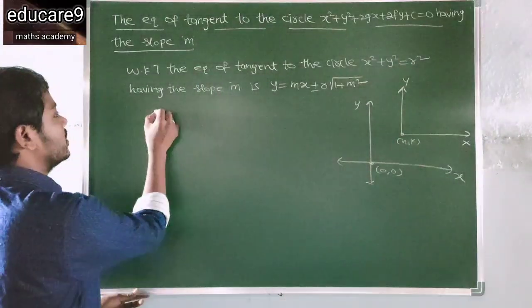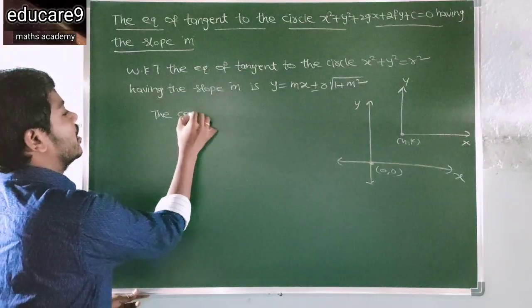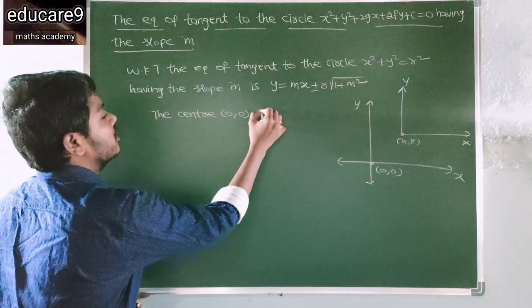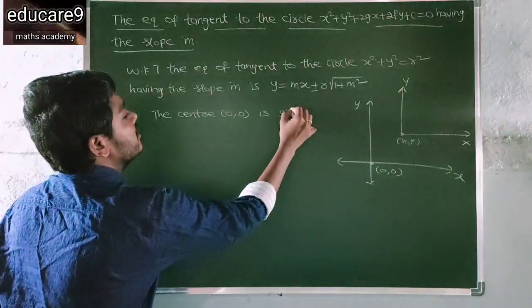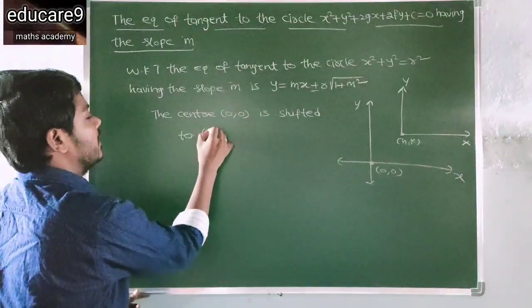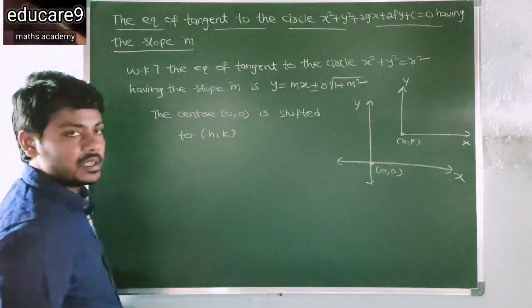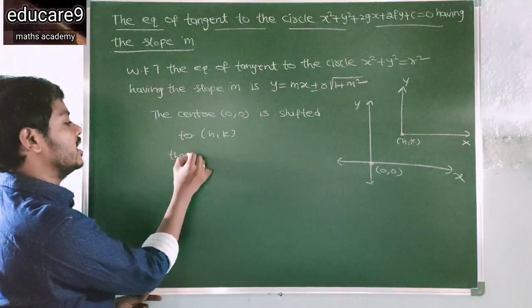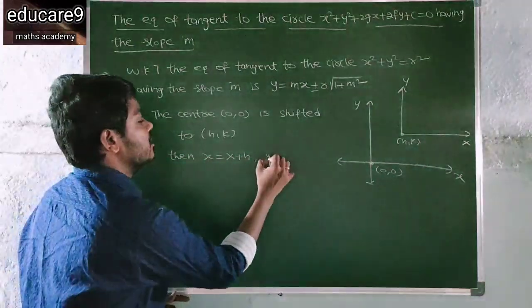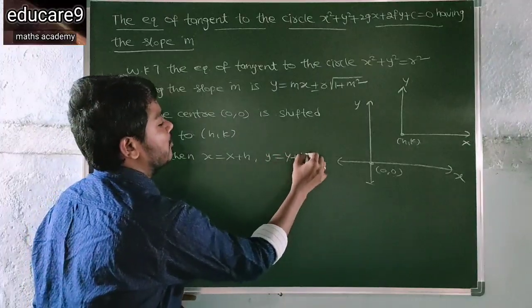See here, the center 0 comma 0 is shifted to h comma k. Then you know that small x is equal to capital X plus h, small y is equal to capital Y plus k.